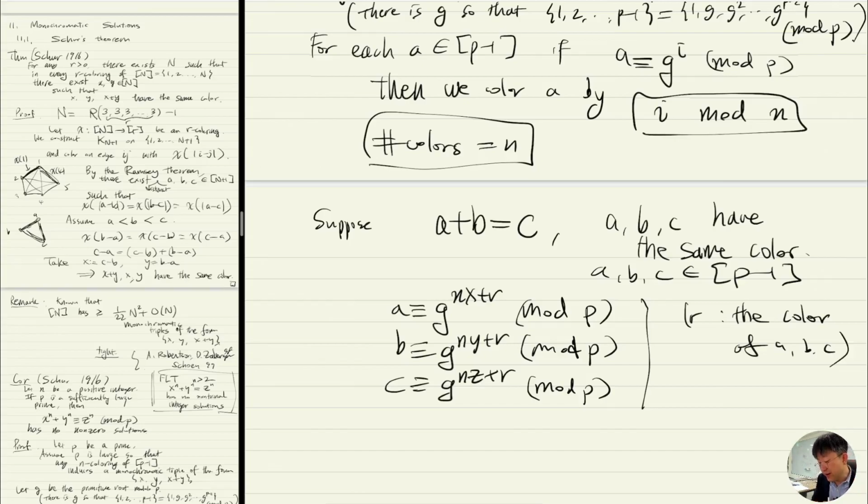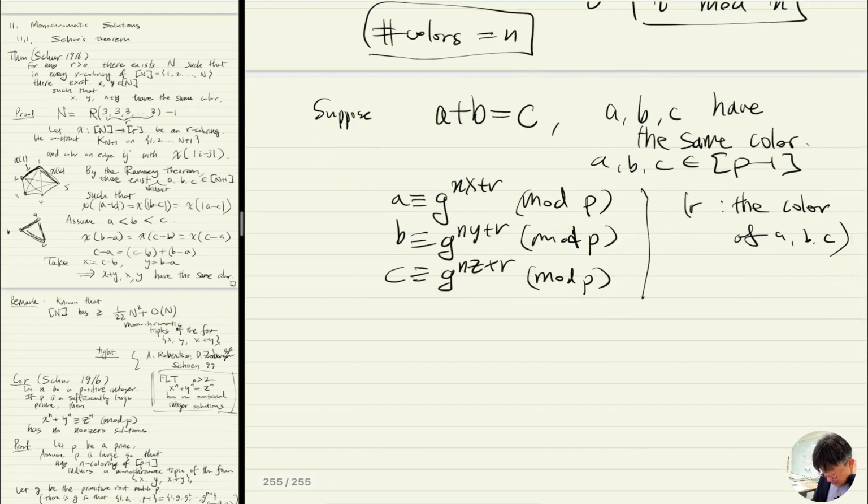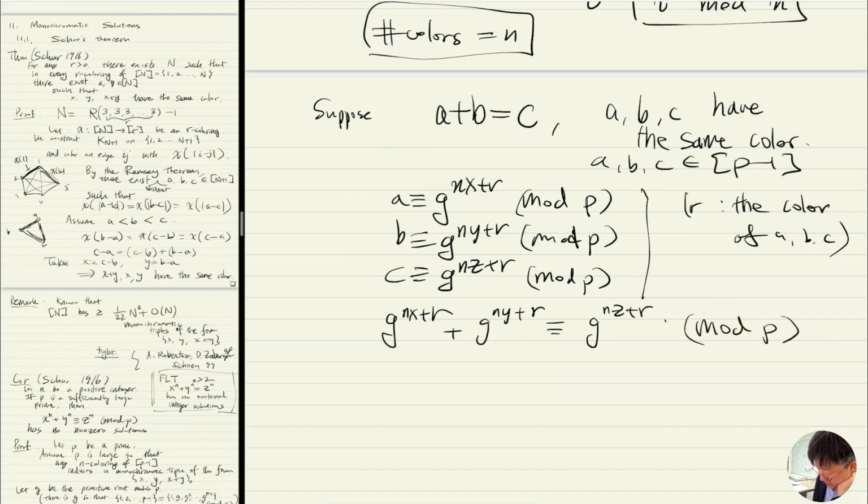We are coloring each non-zero integer by i modulo n. So what we know is g to the nx plus r plus g to the ny plus r is equal to g to the nz plus r modulo p.